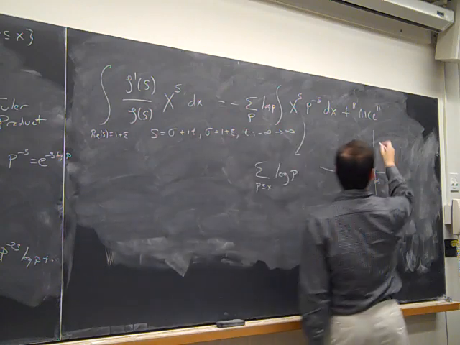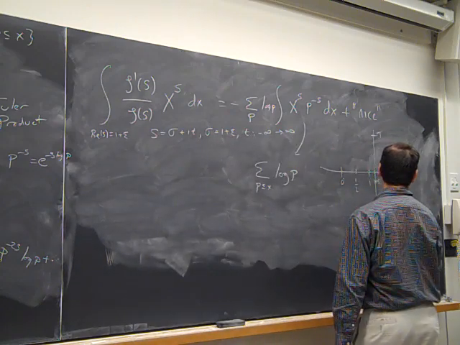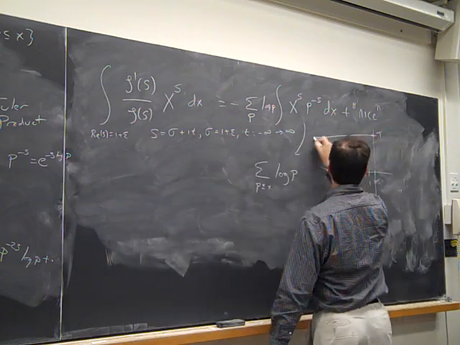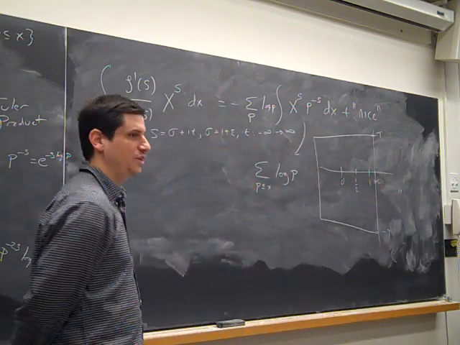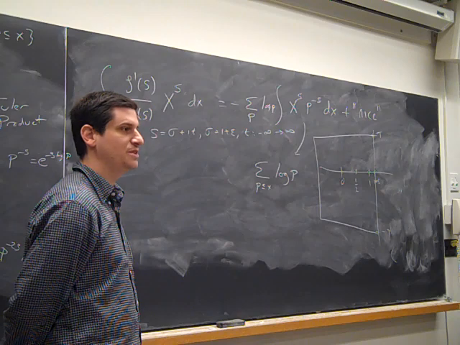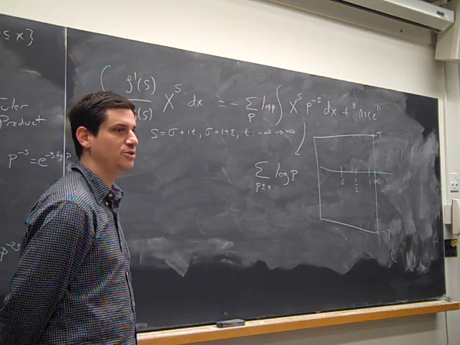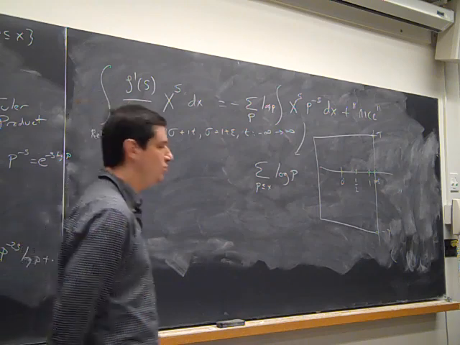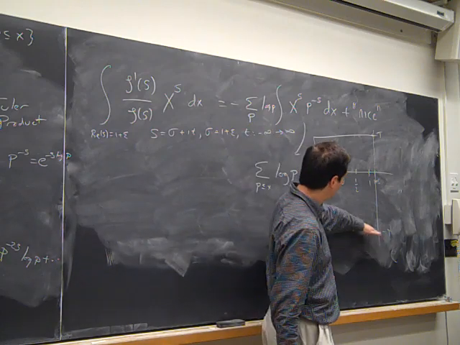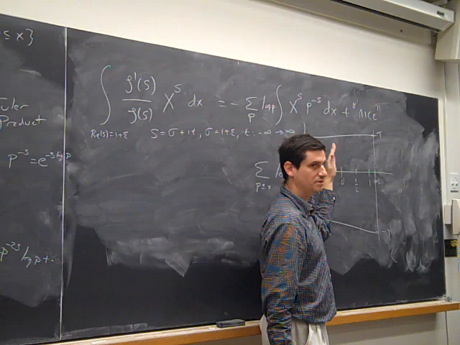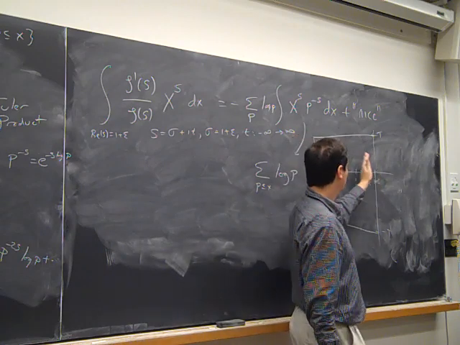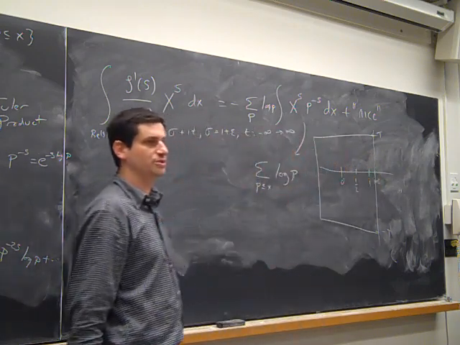So what you do is you go up to height t, down to height minus t, and you close it off. And now, the integral over the closed contour is basically just going to be the residue at the zeros and the poles. You then have to show that the contribution on the bottom and on the far left is negligible in the limit. And then all I have to do is just look at the residues.